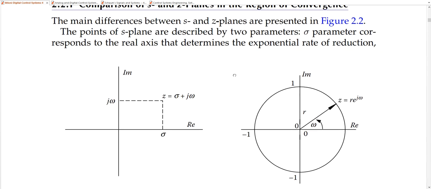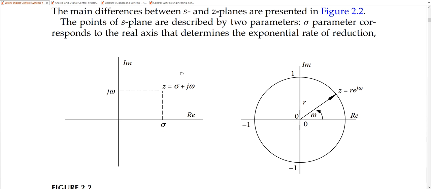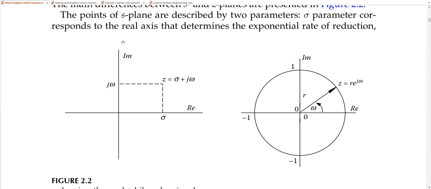So comparison of S-plane and Z-plane. As stated earlier, the S-plane or Laplace uses the Cartesian plane. The Cartesian plane has an x-axis, the real axis, and a y-axis, the imaginary axis. Now in the z-plane, we have a real value r, which is the radius, and we have omega, which is the angle of your signal or of your radius from the 0 level.